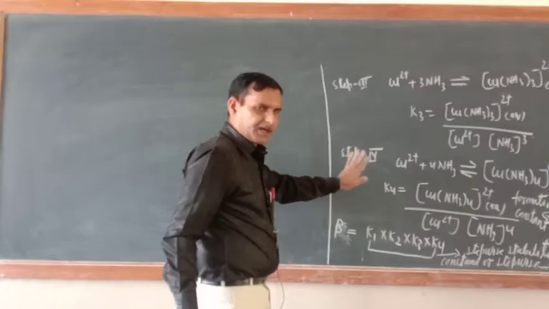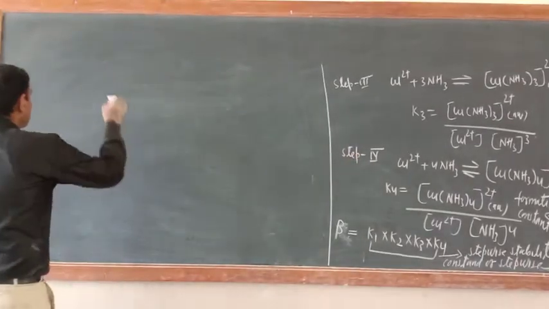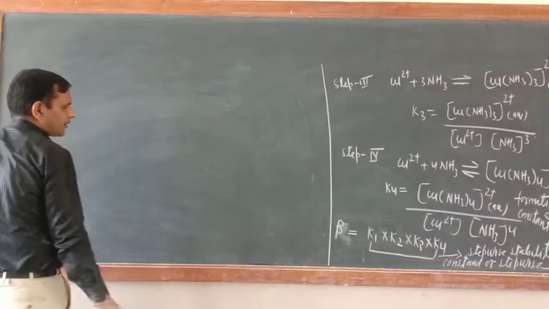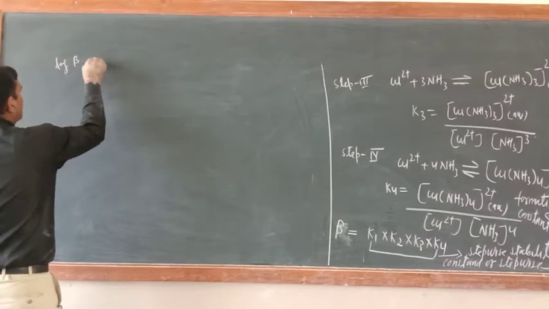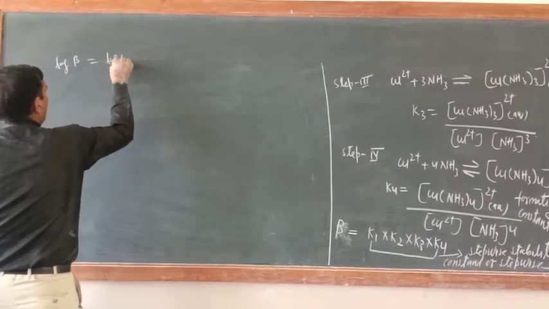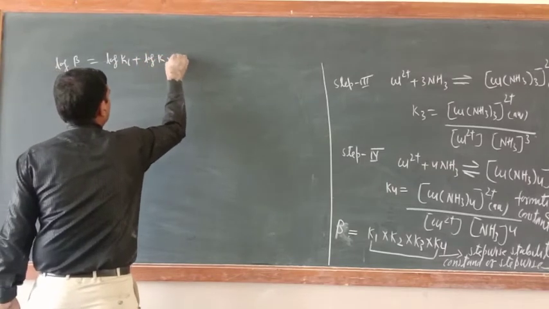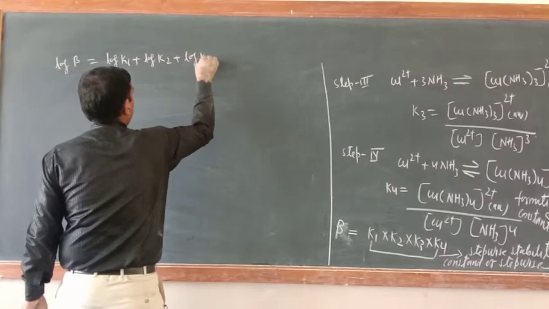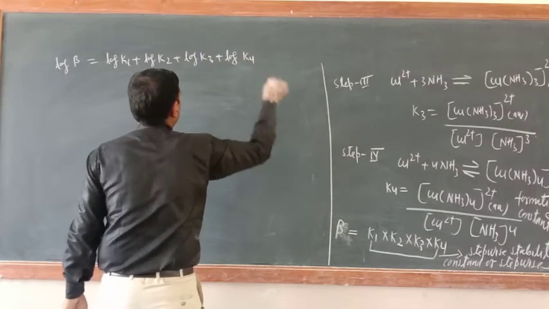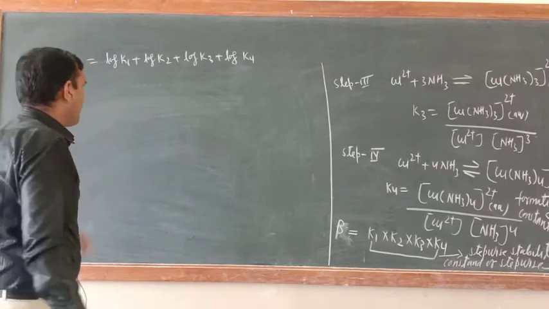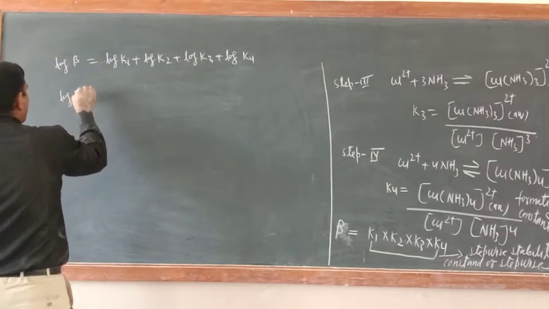Don't worry, ultimately it will come. By taking the logarithm, log beta equal to log K1 plus log K2 plus log K3 plus log K4.